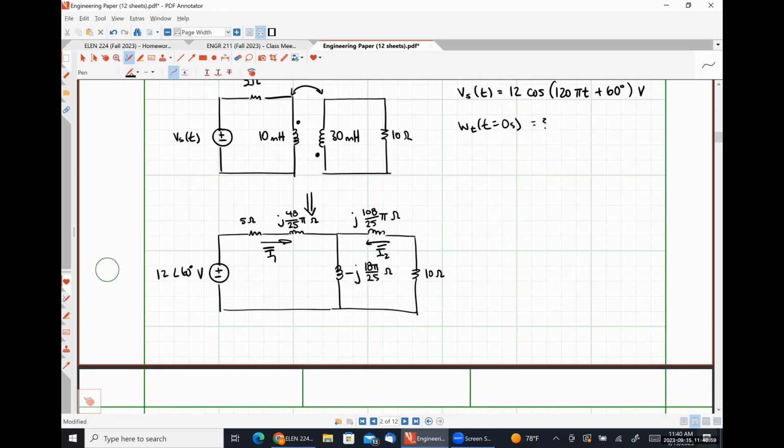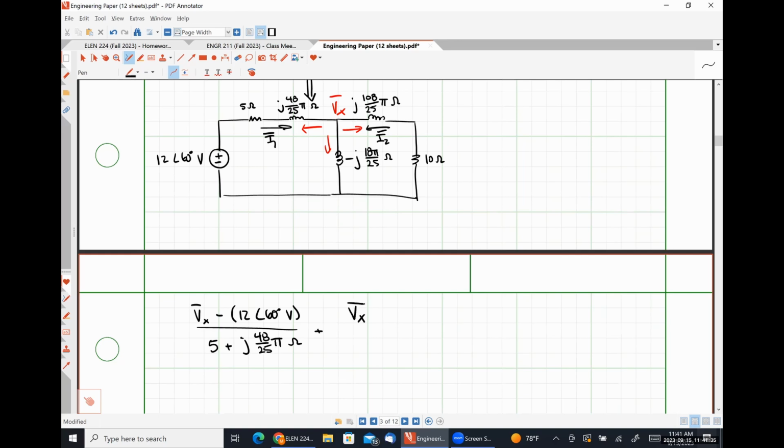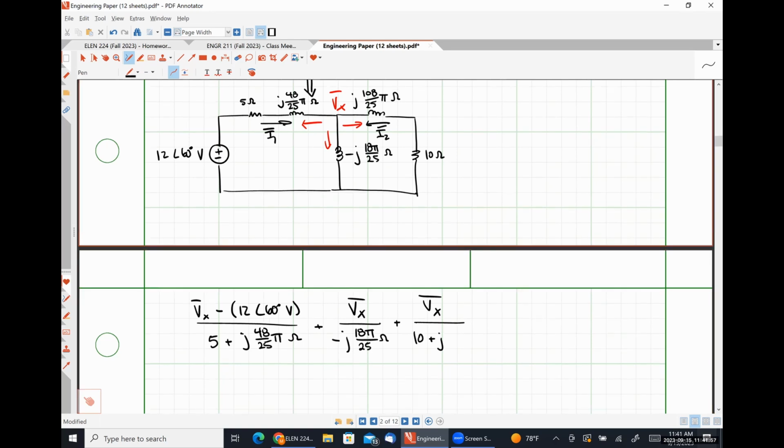So once again, let's just call this thing Vx, take this current plus minus 12 angle divide 5 plus Vx divided by negative J over 25 plus Vx 10 plus over 25 pi ohms is equal to 0.